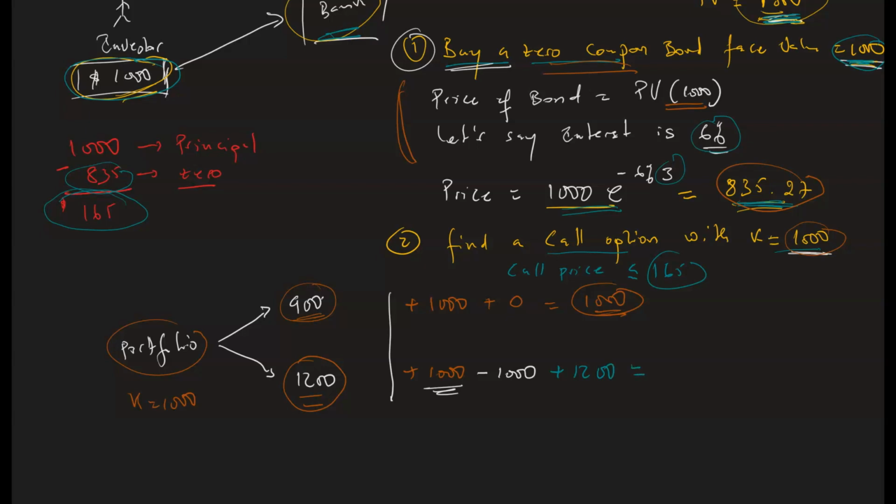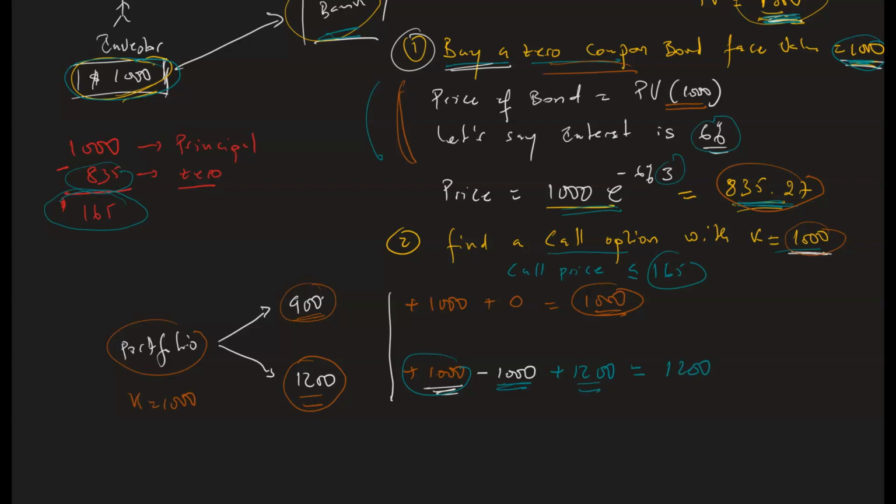And ultimately, what do we have? We had $1,000 from our bond portfolio. We exercised the call, spent $1,000 to purchase the underlying, turned around and sold the underlying right away for 1,200. So our return here is at $1,200.